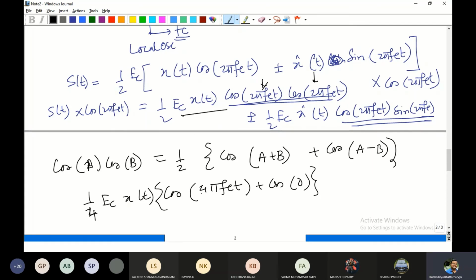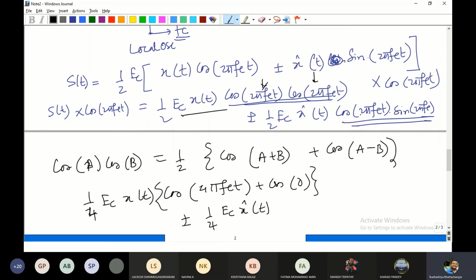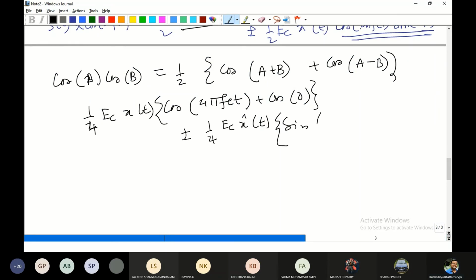And for the plus minus part, if I consider half, again a 1/4 will come in EC X prime T. So cos A sine B is sine of A plus B plus sine of A minus B, so sine of 4 pi FCT plus sine of 0. This is the trigonometric identity. Now cos 0 is 1 and sine 0 is 0, so this is done.